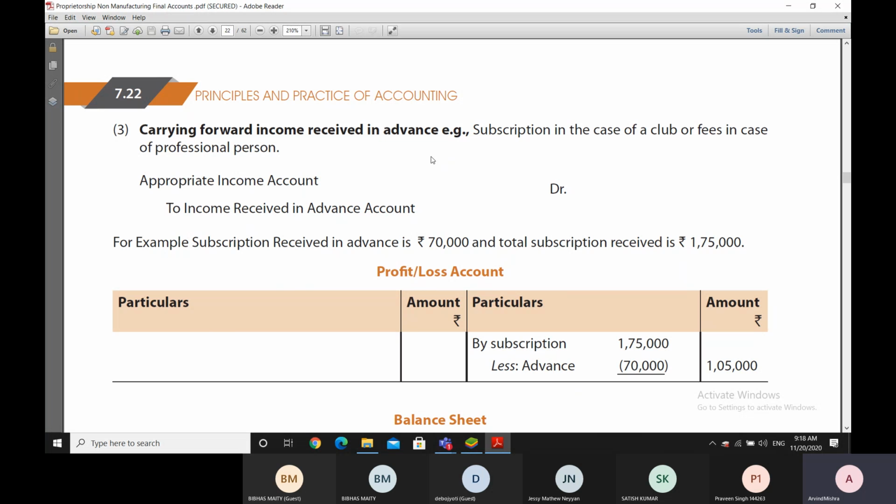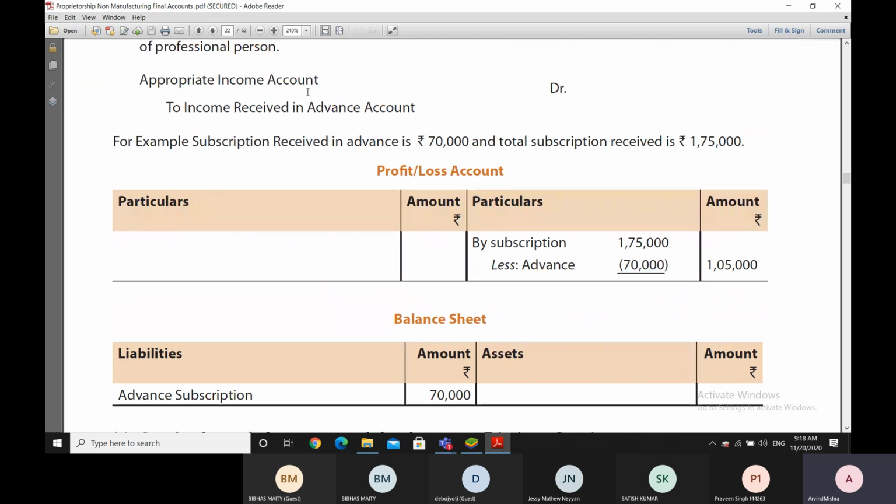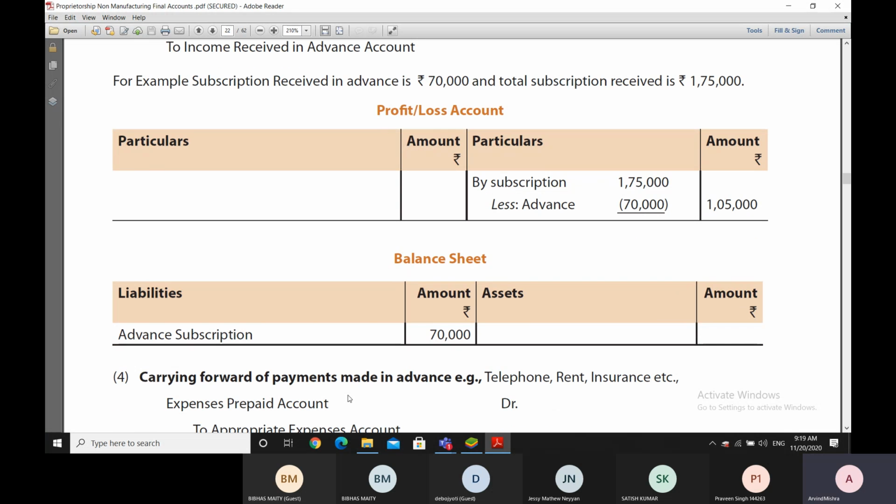So the person who has received the subscription has not received it for that year, and therefore it will be reduced from the subscription that is received for that year. And to reduce it, we are debiting the appropriate income account, and we are crediting the income received in advance account. And this credit will be shown in the balance sheet, as can be seen here.